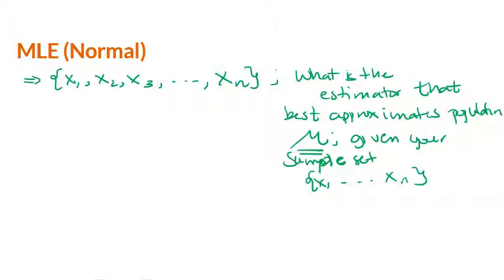Okay, so let us first derive our likelihood function, given that we do not know our mean mu and variance sigma squared. So let's first derive our likelihood function. Let's spell this out. I will erase this green part.